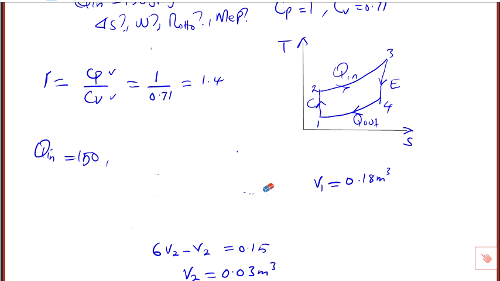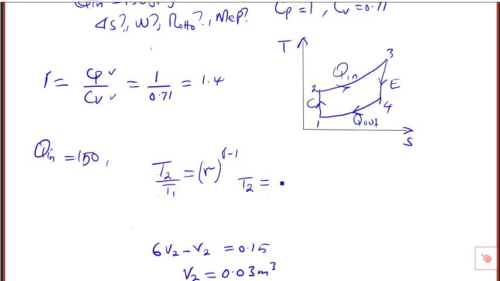Now, since we know that T2 over T1, from our previous discussion, is equal to V1 over V2, or R to the power gamma minus 1, and we have the value of T1 that we were given in the question, we have the value of R and the value of gamma, so getting T2 will be very easy.